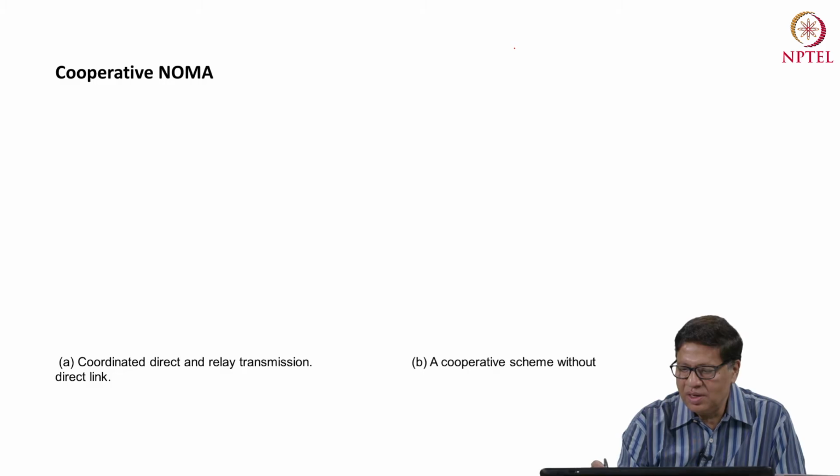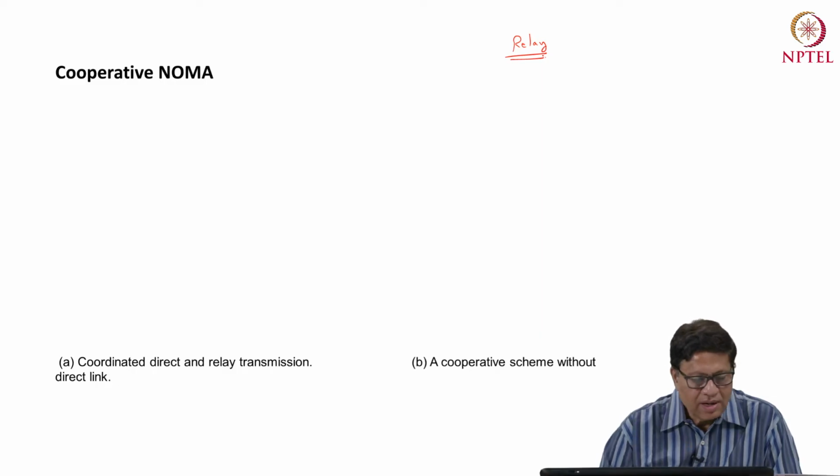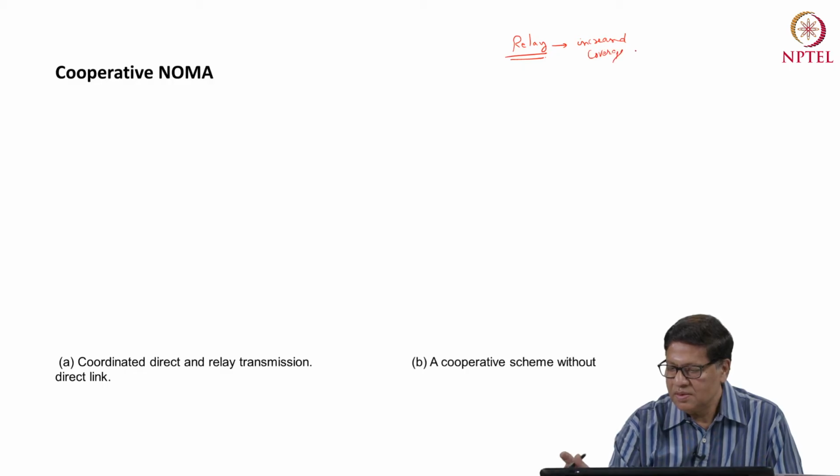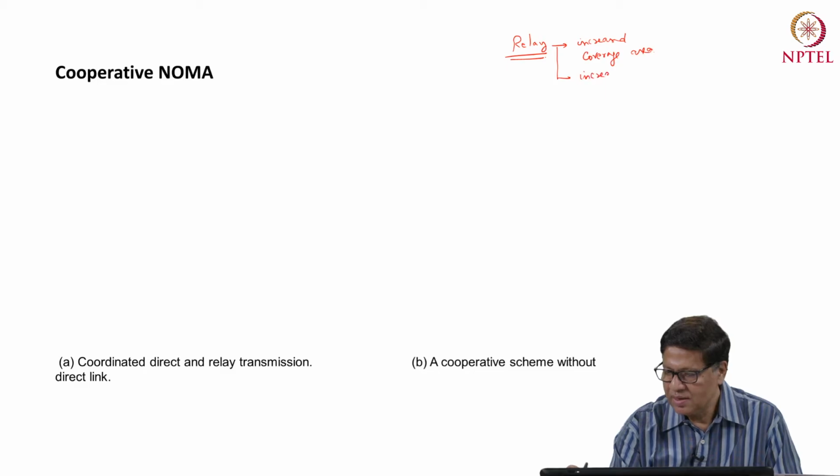In this, we use a relay, and the relay basically will give you increased coverage area, and also it will give you increased system capacity. We will just see how this is possible.